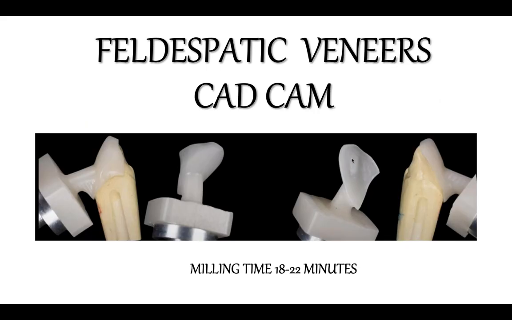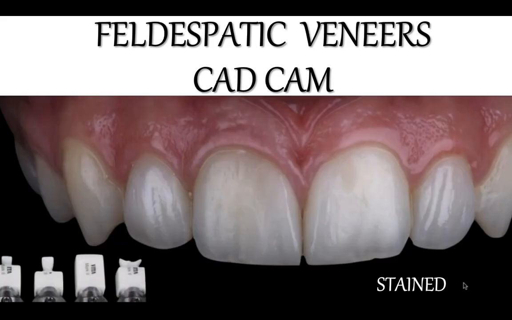You can also have feldspathic veneers, CAD/CAM, and they can be milled in 18 to 20 minutes. Very thin layers. Those feldspathic veneers can also have what is known as a cutback technique, and you will see that in the next one. This type of feldspathic veneer in this type of blocks is stained.